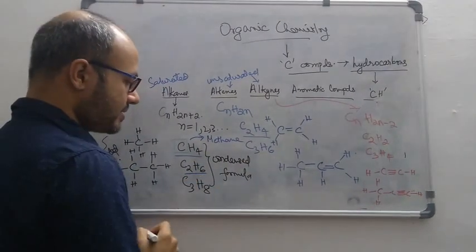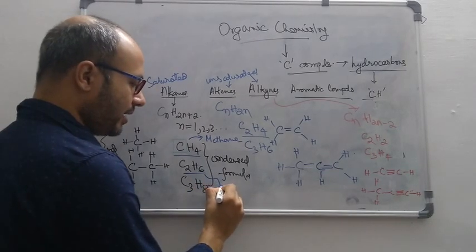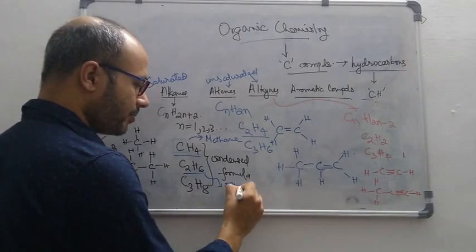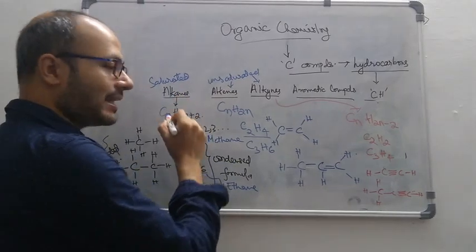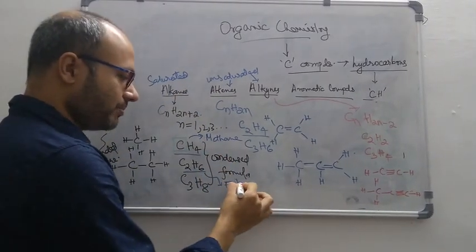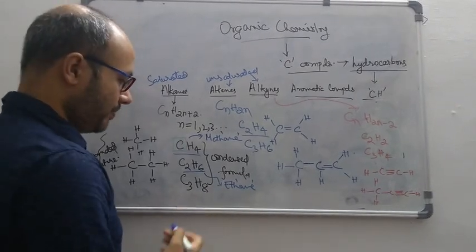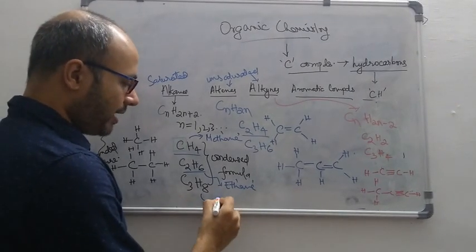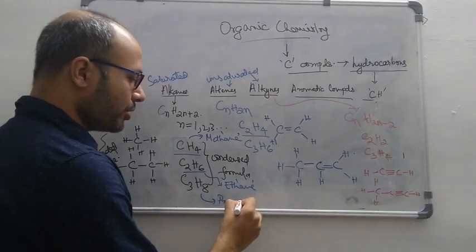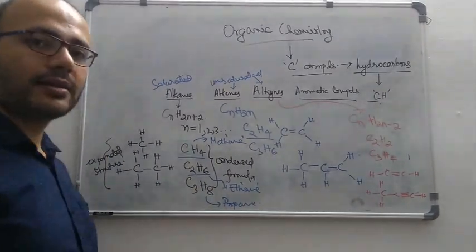Now if it is two carbon atoms, it should be ethane. Now for alkanes, the suffix should be ane. Suffix means that it comes at the end of the name. Now this would be propane. Now I would like you to look for the other higher carbon compounds.